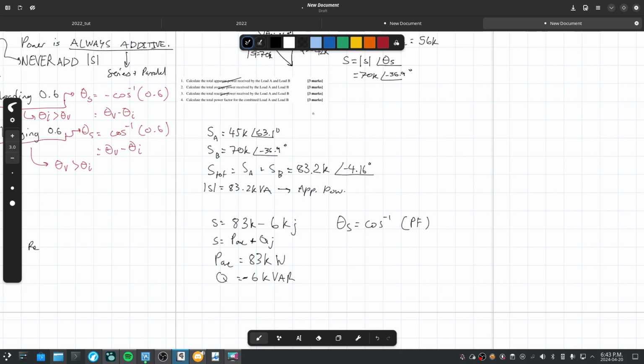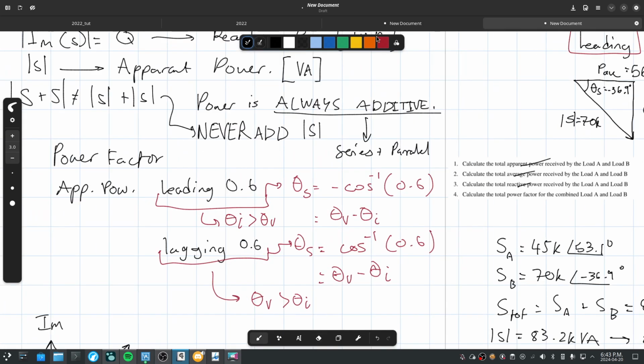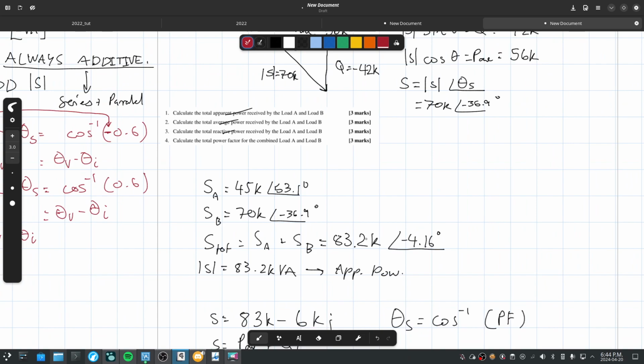Actually, an easier way to remember it, let me rewrite this. Leading means negative in here. Like so. That should be the same answer.